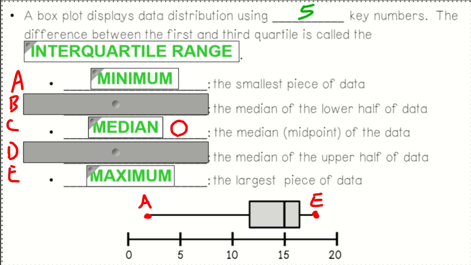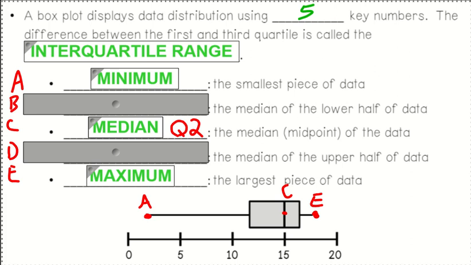The median is also sometimes, very rarely, called the second quartile, okay? What that's going to be is that line right there. So the line that cuts the box is the median.